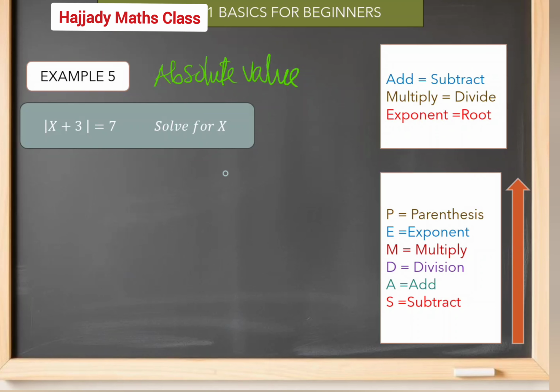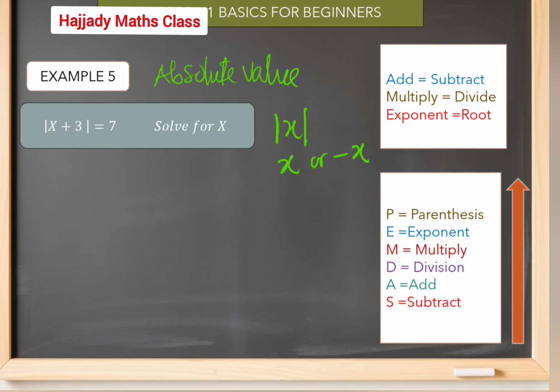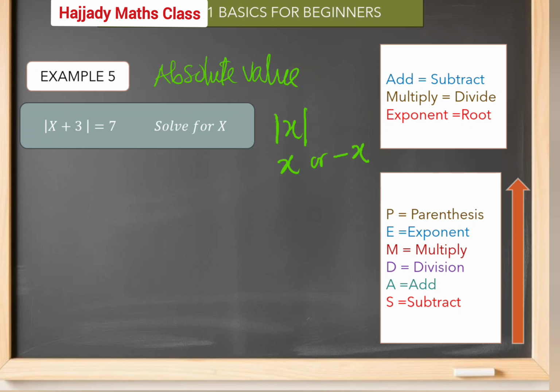For example, when I tell you I have the absolute value of x, this means we have x, or it can be negative x. So the absolute value only takes the positive value for the variable. That's what absolute value is. So the absolute value of negative 2 is just the positive side you take.